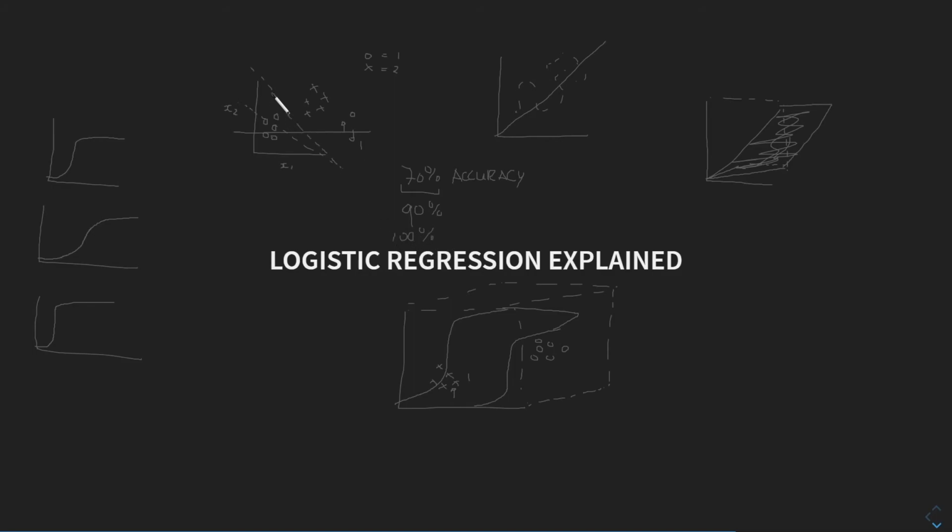So everything on this side would be 0, let's call this 0, this is 1, this would be 0, this would be 1. And therefore, we predicted everything correctly. Everything here is on top of the sigmoid or below, and the other way around.